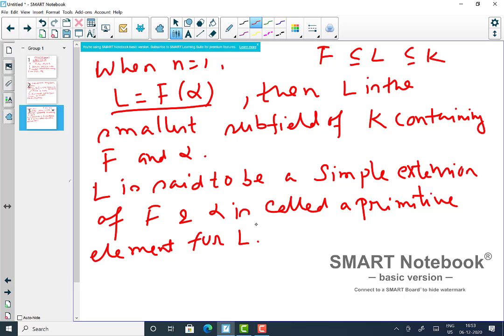It is clear that if alpha is an element of F, then L equals F. If alpha is not an element of F, then L will be bigger than F. So the natural question is that from F we find extension fields by quotienting out by minimal polynomials. Is there any relationship between those quotient fields and the simple extension or not?